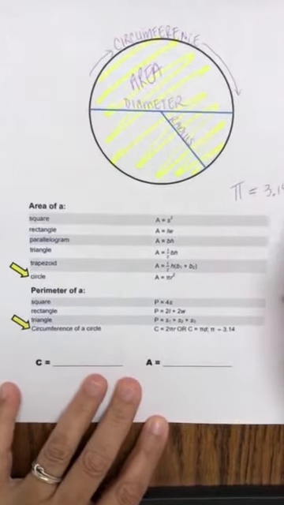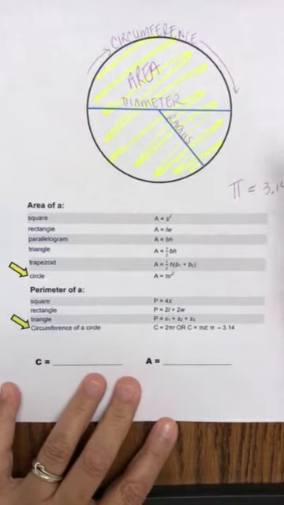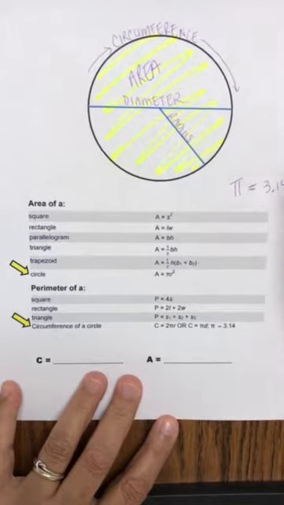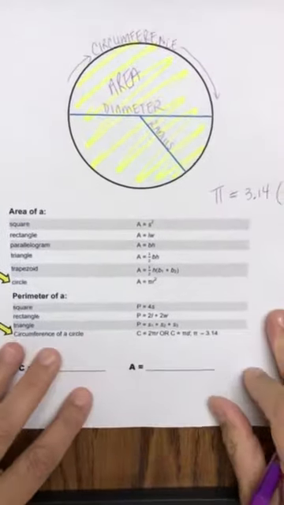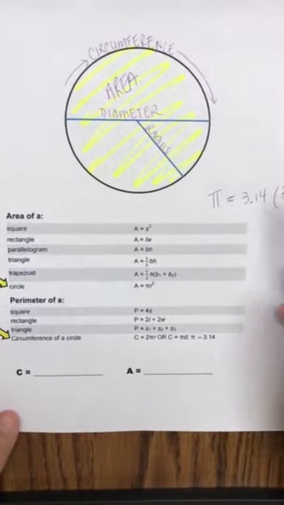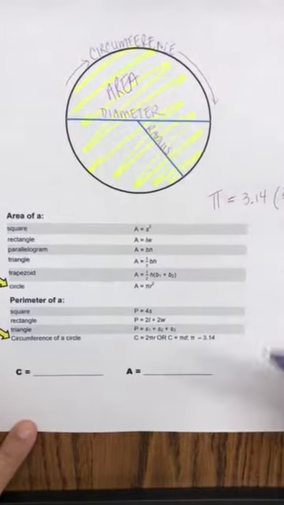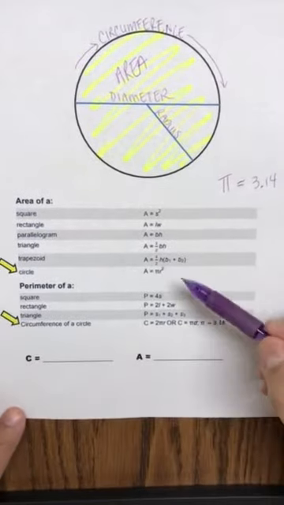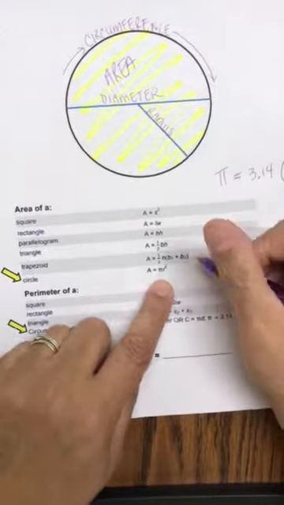That's how you write it in decimal form, and that's a rounded off number. You can also write pi in a fraction form, and that is 22 over 7, the fraction. So you can use either one of those as approximate equivalent to pi, and we're going to use the 3.14 for today's problems.